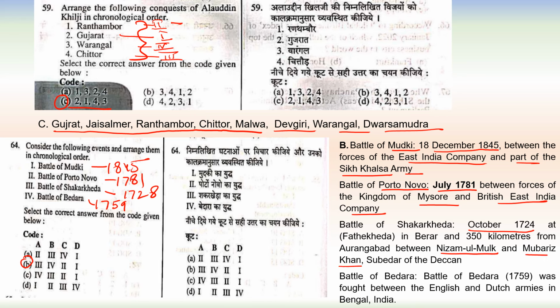Mubaris Khan was the Subedar of Deccan. Sorry, here Battle of Sakarkheda fought in 1724. Battle of Bedara fought in 1759 and was fought between English and Dutch armies in Bengal. So in this way, option B is correct here.